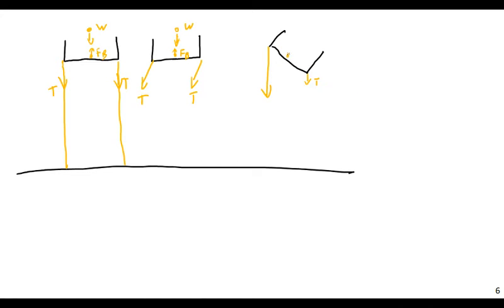So the buoyant force would be like this, and the weight would be like this. So this would be generating a torque this way, right? But this one would be generating a torque this way. So the difference in tension will actually be able to generate a torque that is stronger than the offset of the center of mass, center of buoyancy system.